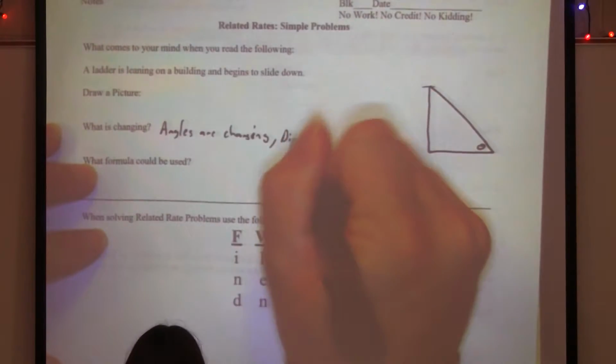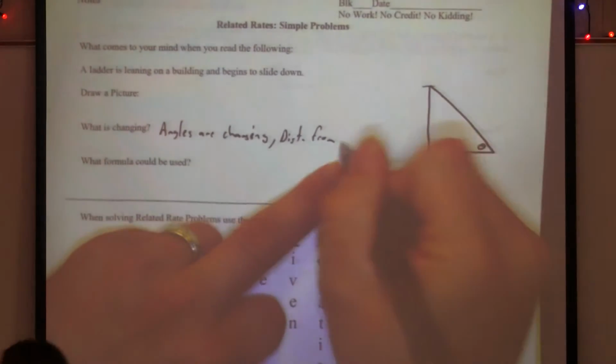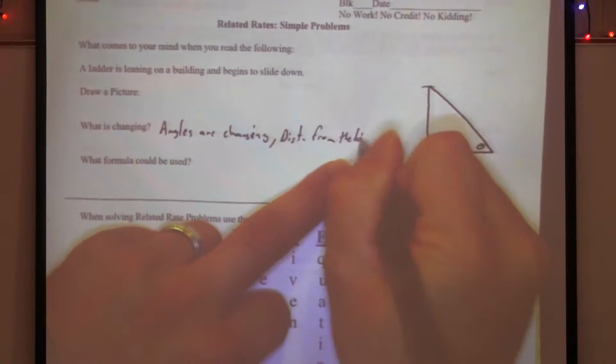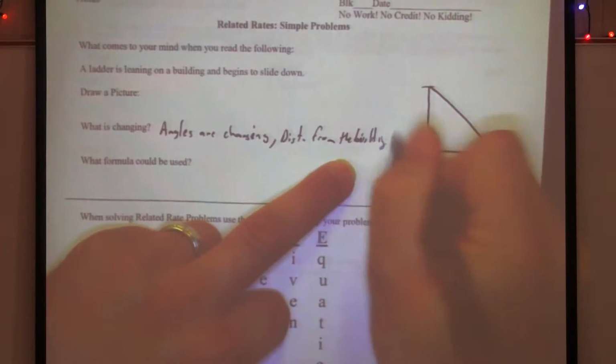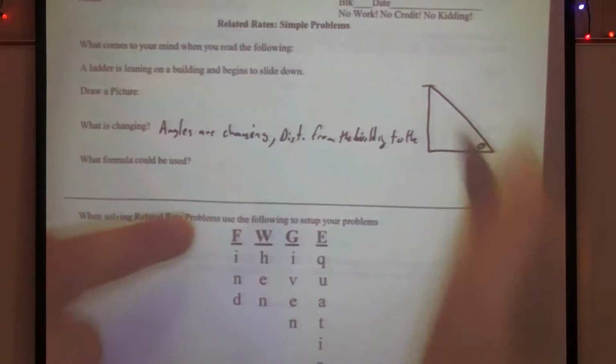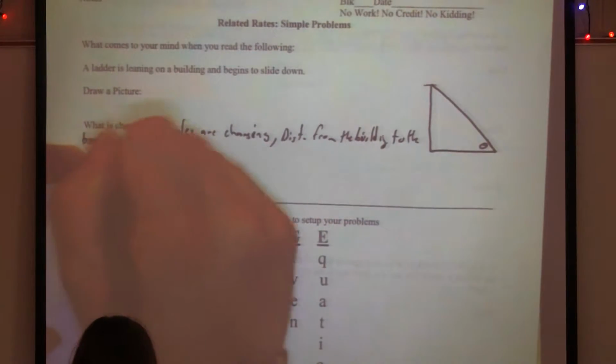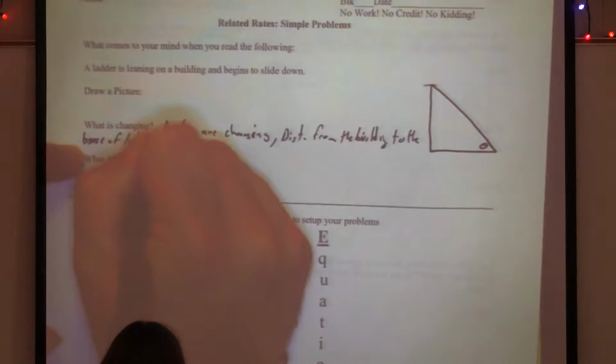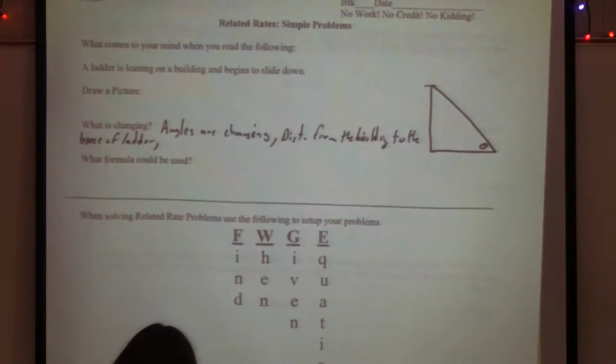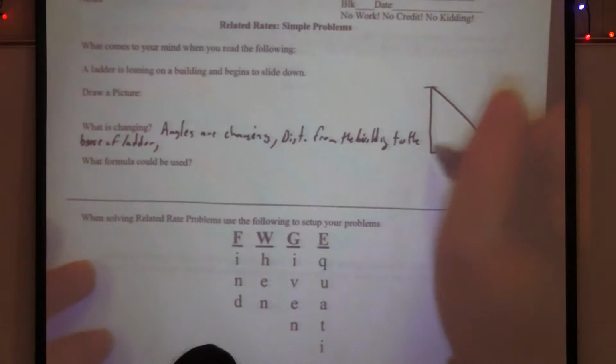The distance from the building to the base of the ladder. Okay, what else is changing? Somebody said the height. So this height is going to be changing.